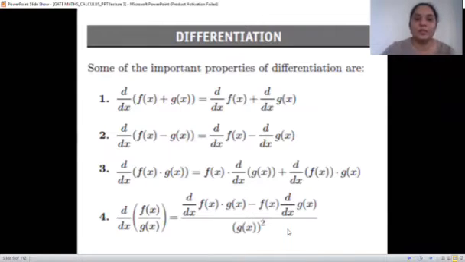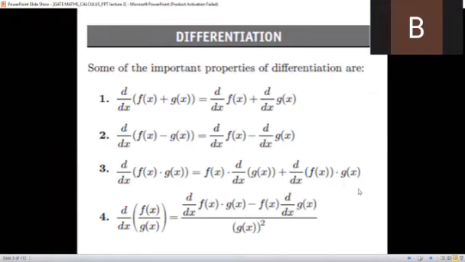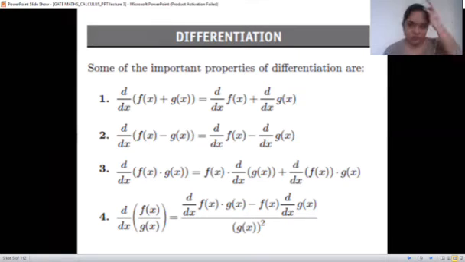Okay, then some properties of derivatives. Derivative of f of x plus g of x: if there is addition, we can separate the derivatives, and for subtraction also, the derivative can be separated. Then f of x into g of x, that is the UV rule: first function into derivative of second plus second function into derivative of first.